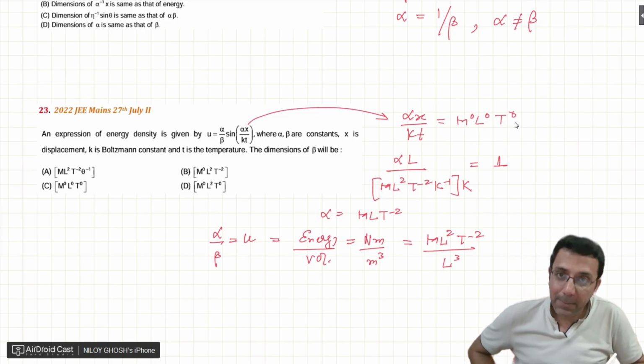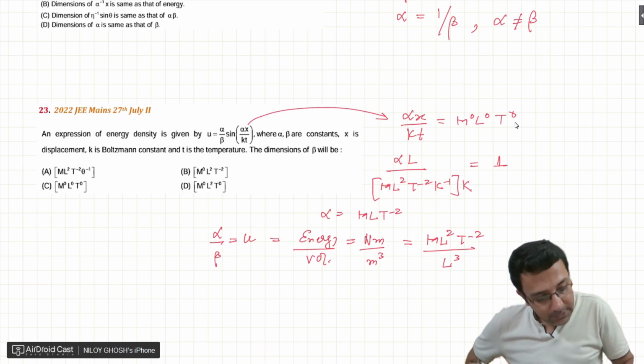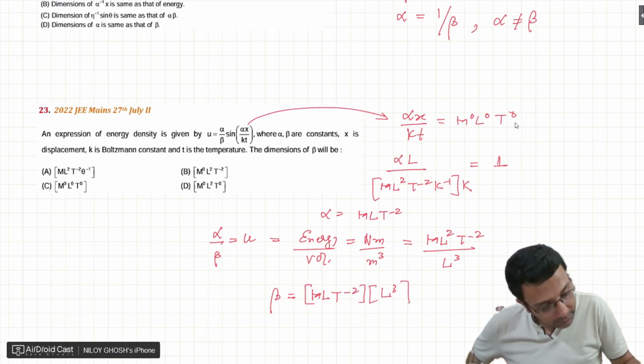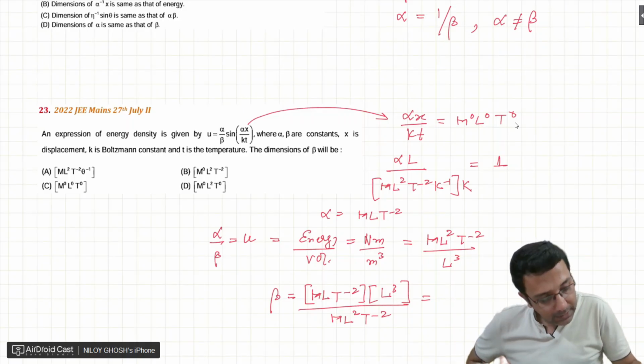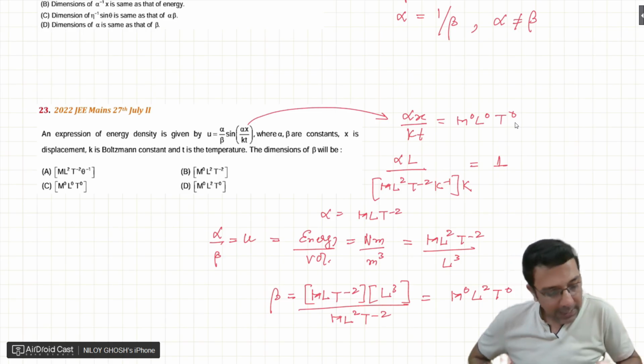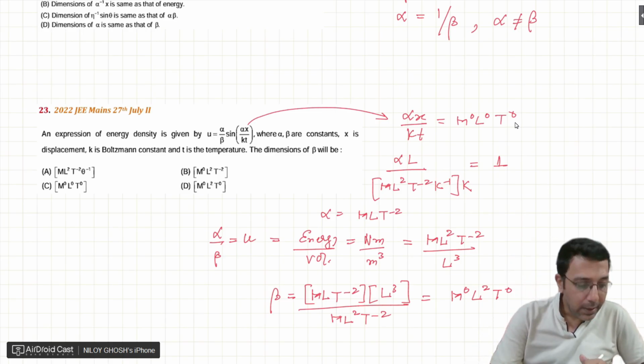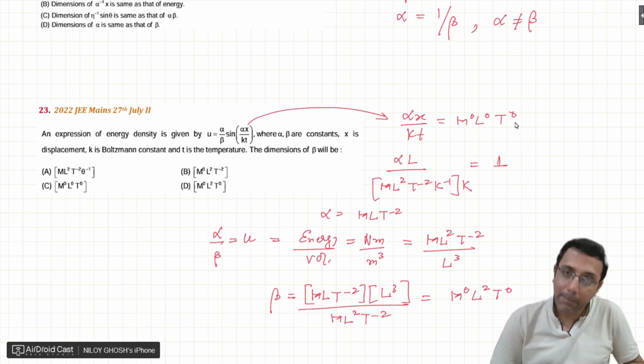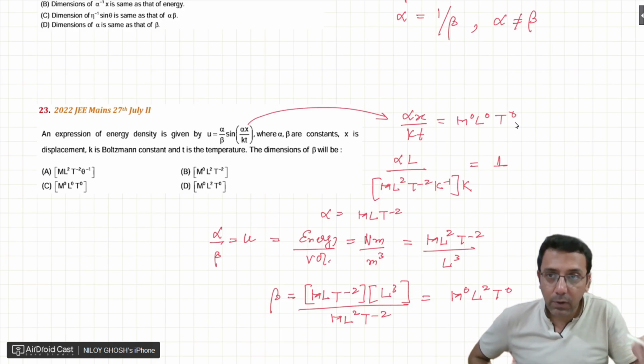L cube is for meter cube. Okay, that comes out. Now beta from here can be expressed as M L T minus 2 L cube on the other side divided by M L square T minus 2, that comes out to be M0 L square T0. Actually it is only L square, means M to the power 0 is 1, T to the power 0 is 1. So this is the value of beta. That is how we obtain the value of dimensions of beta.